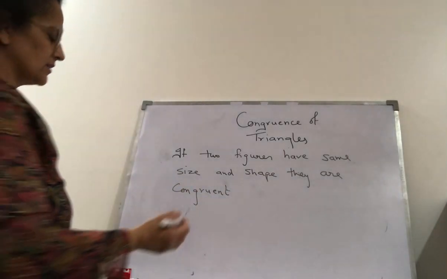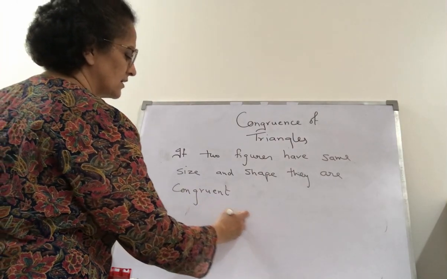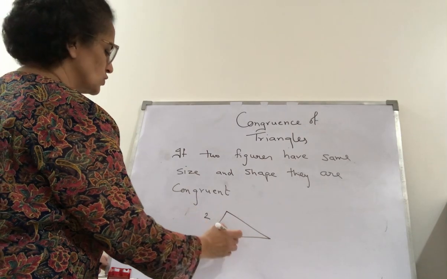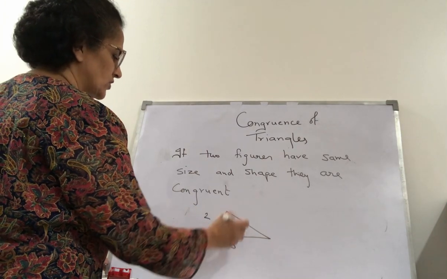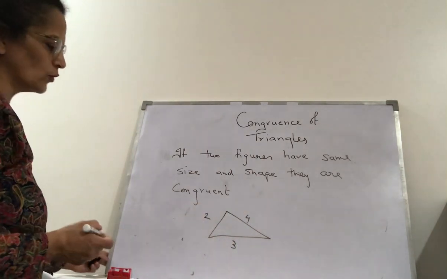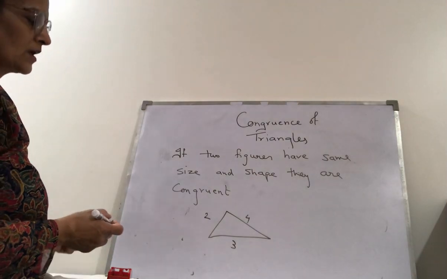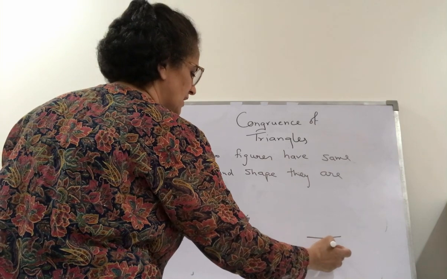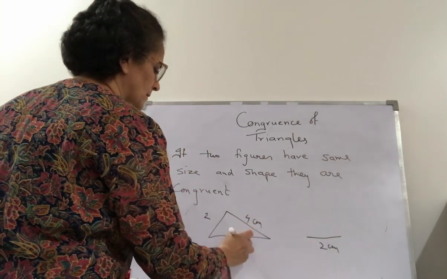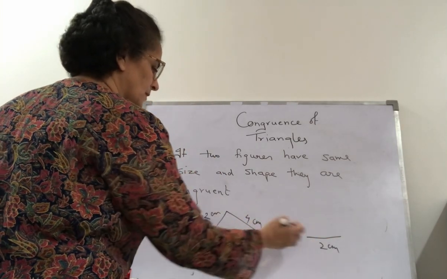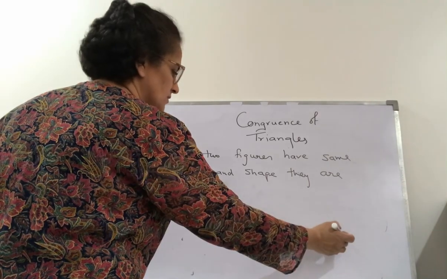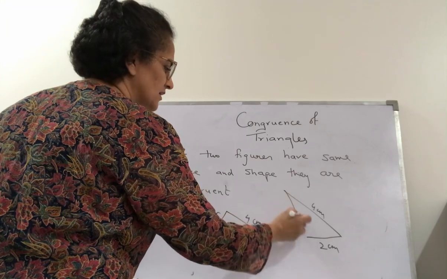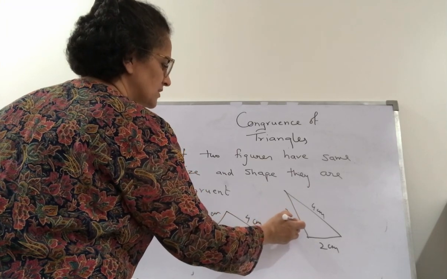And I can draw a triangle this way. Let me take this as 2, this as 3, this as 4. And I can draw now 2 centimeter here and 4 centimeter here and 3 centimeter here.